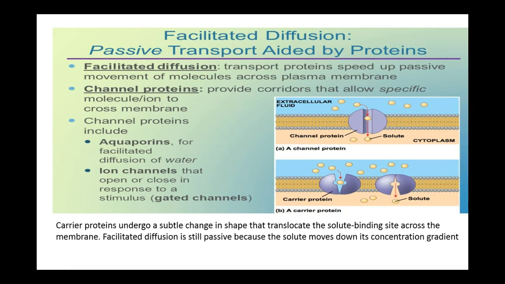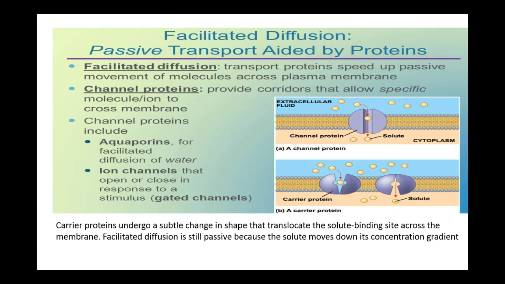A little bit more about types of diffusion. We talked about diffusion and osmosis. Now diffusion can be facilitated. It's still diffusion, so it's still going down a concentration gradient, but protein channels can be the area where solutes are moving past the membrane.